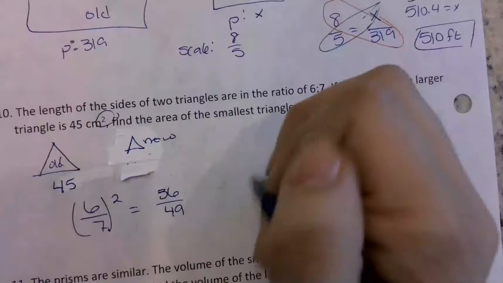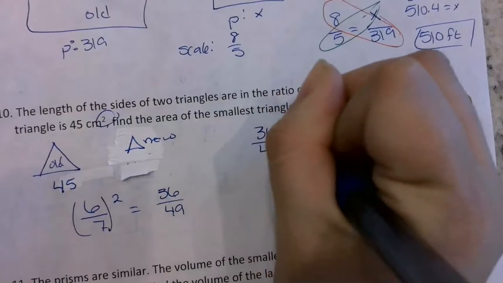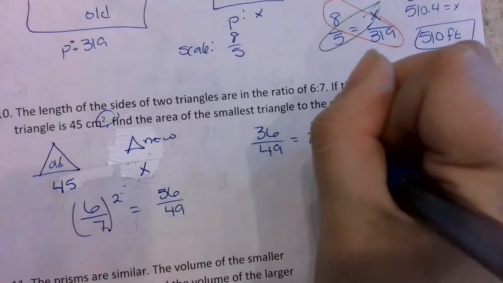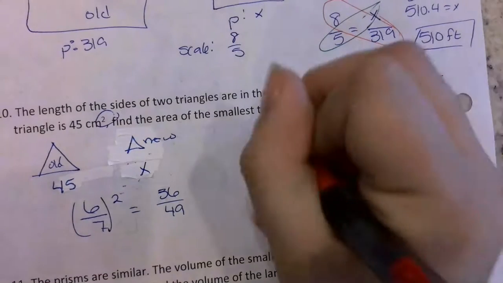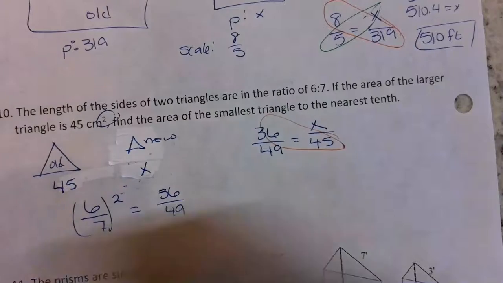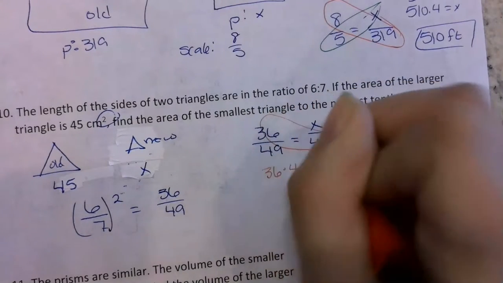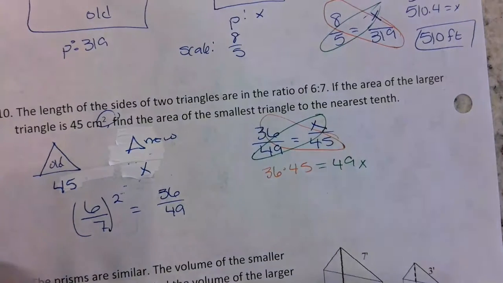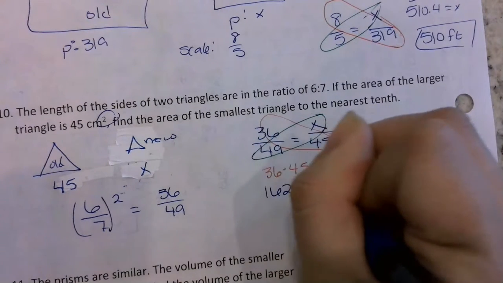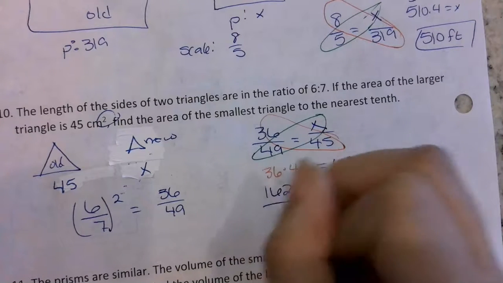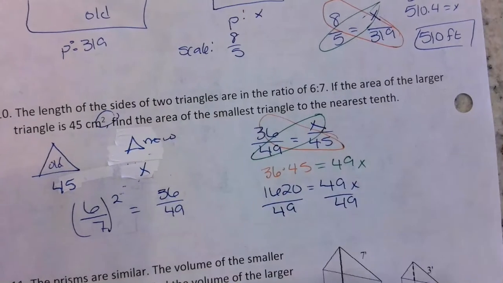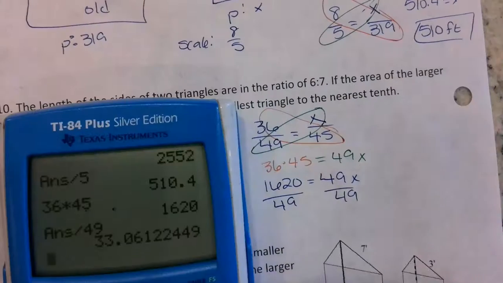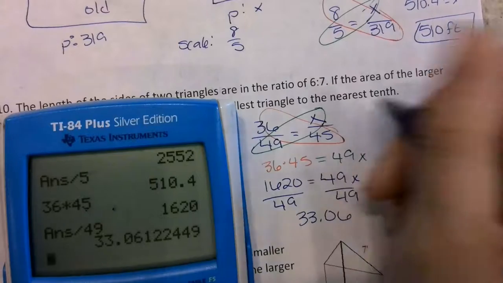So I am going to have 36 over 49 equals x for the one I don't know over 45. Then I want to cross multiply 36 times 45, and then will equal 49x. 36 times 45 is 1620, equals 49x, divide by 49, and my calculator gives me 33.06.